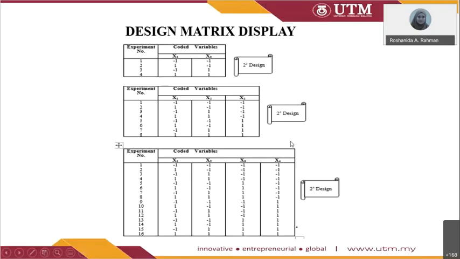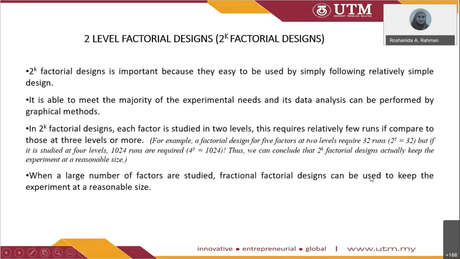And one more thing, in this 2-level factorial design, we can say more interestingly, if we have a huge number of experiments, 32 is still huge. For my case, 32 runs for a fermentation process, where you need one week for 1 run, is still too big.